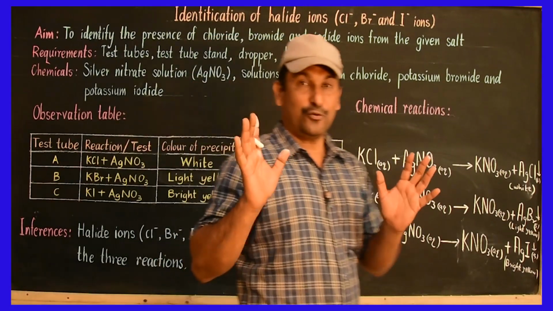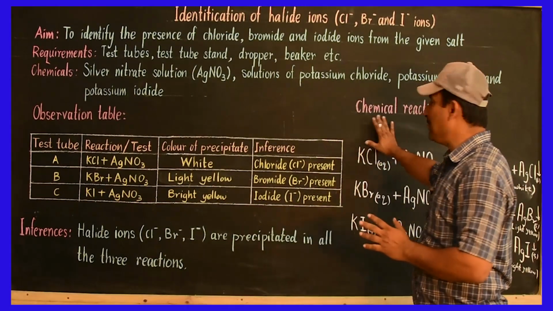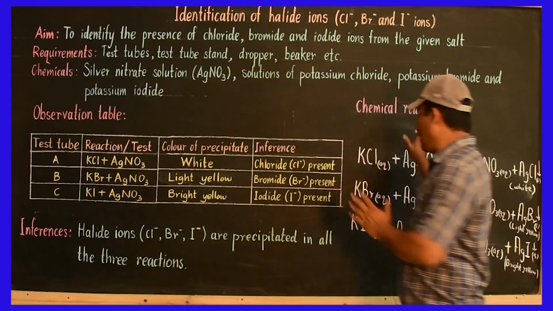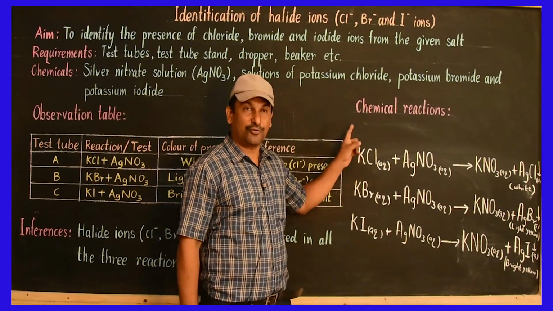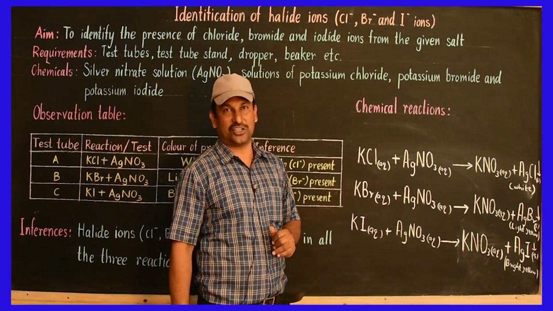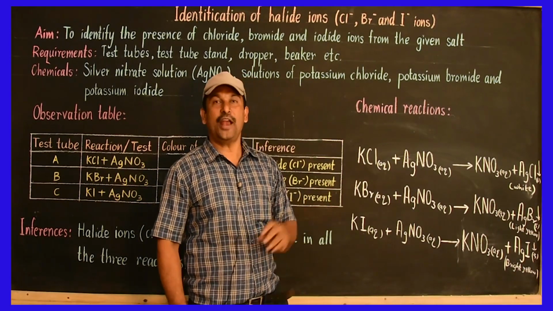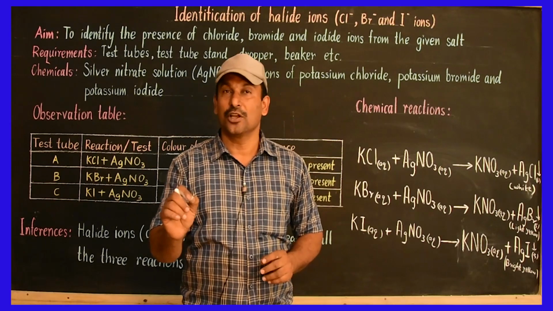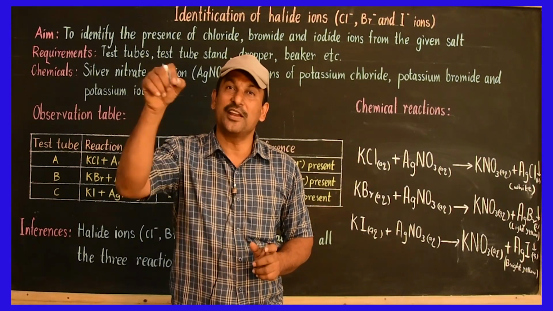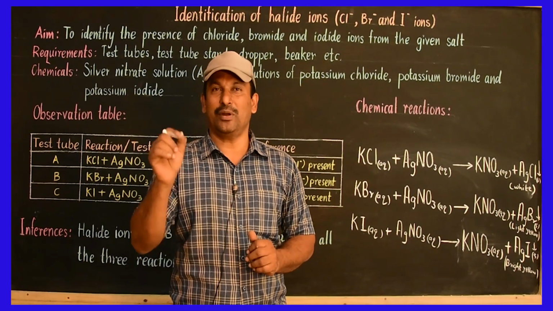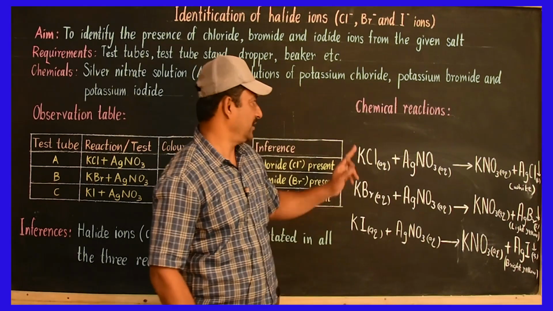Now you have to show the chemical reactions. You have to show all three chemical reactions. KCl, aqueous. Why do we write aqueous? Because the solution is made in water, so wherever water is there, we write aqueous.